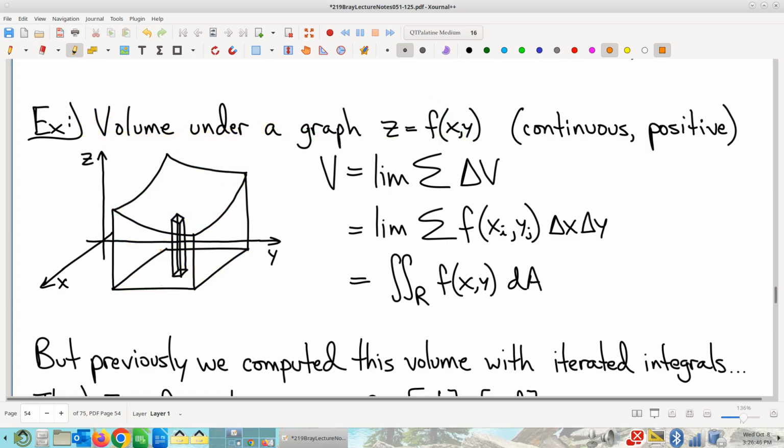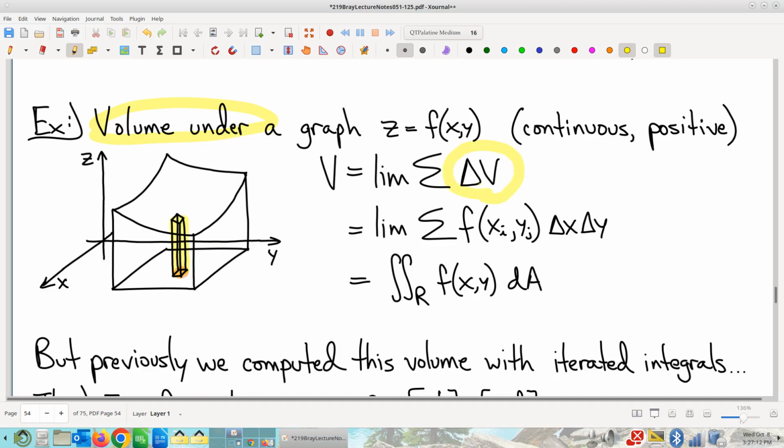We've got our domain, and I'm going to chop it up into little pieces. That's what the two-index Riemann sum does: we take our domain and chop it up into little pieces. I'm going to argue that on each little piece, the amount of volume under our surface sitting over each little subrectangle is actually an easy problem.